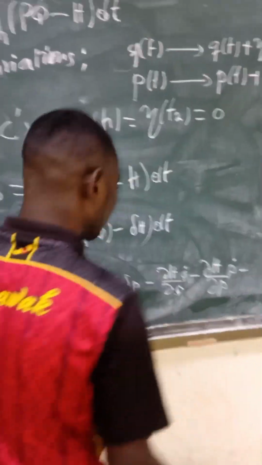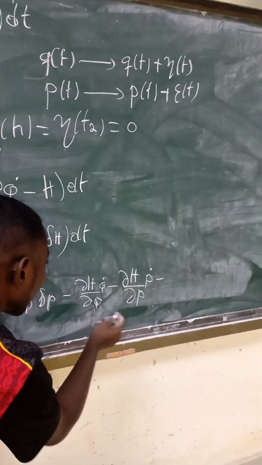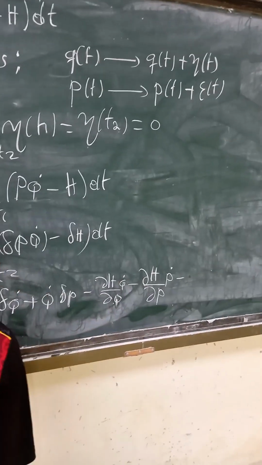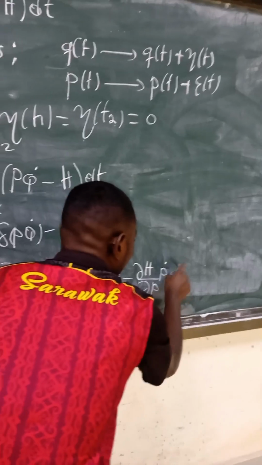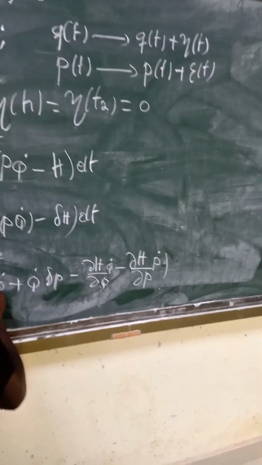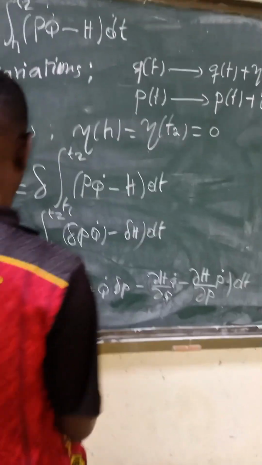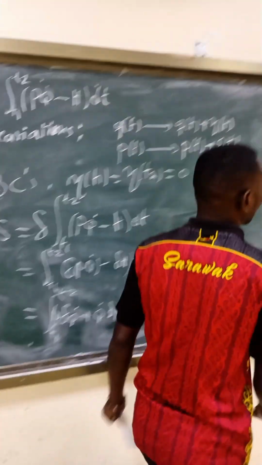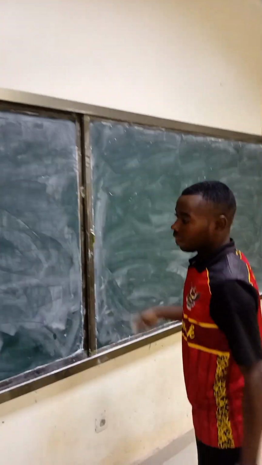Then you close the bracket like this, then dt. Now let's take a look.